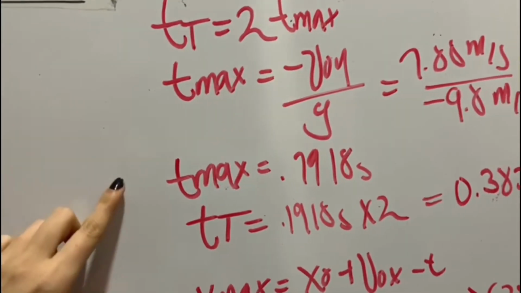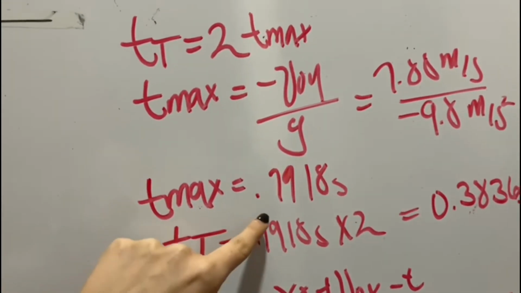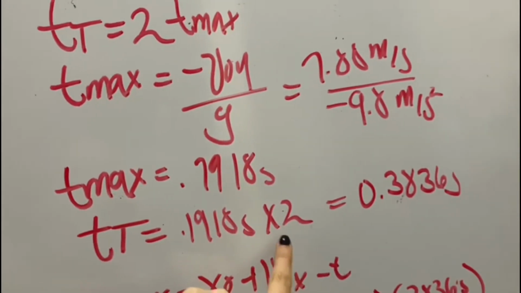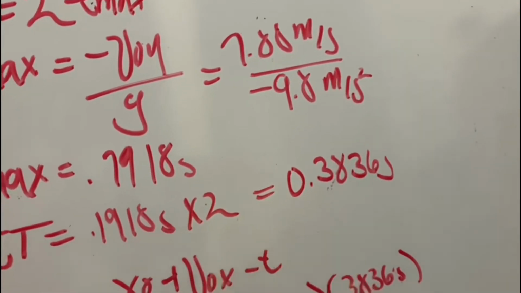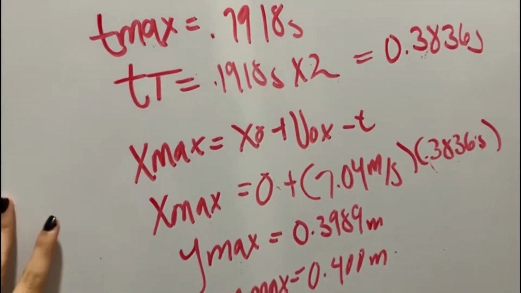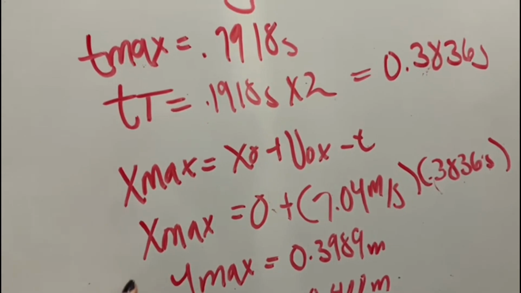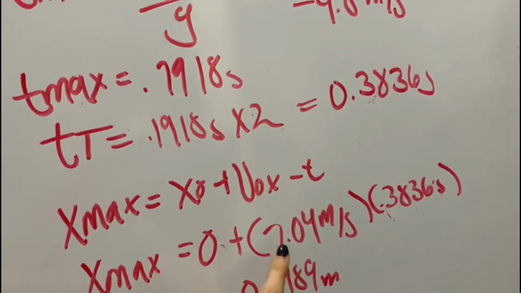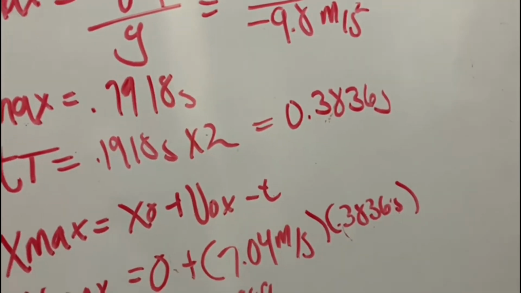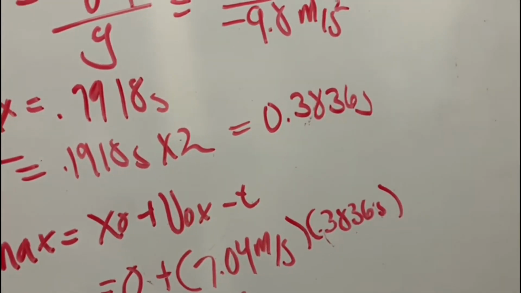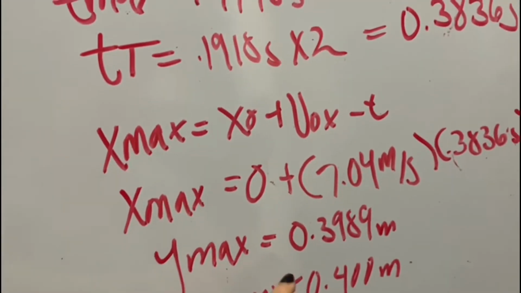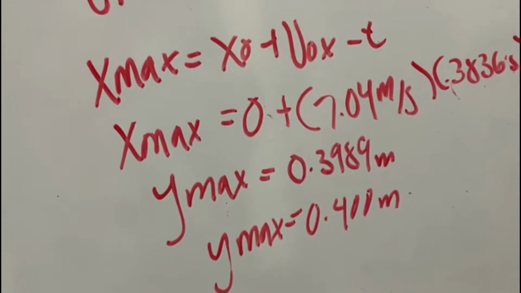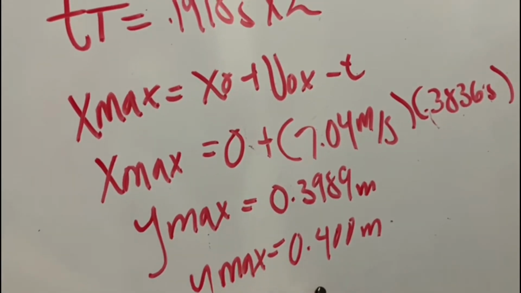The maximum time is 0.1988, multiplied by 2, and this gives you the total time, 0.3836 seconds. Now we have all the values and we can substitute: 0 plus 1.4 meters per second multiplied by 0.3836 seconds gives you 0.3989 meters.